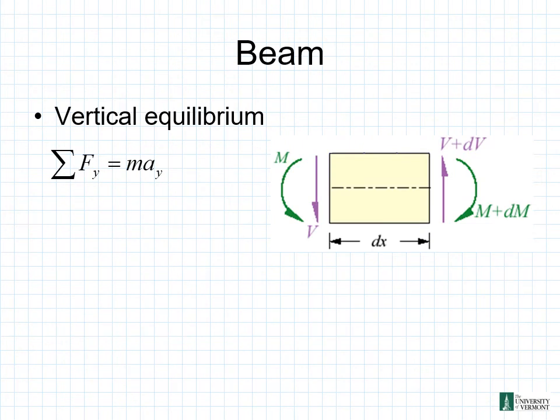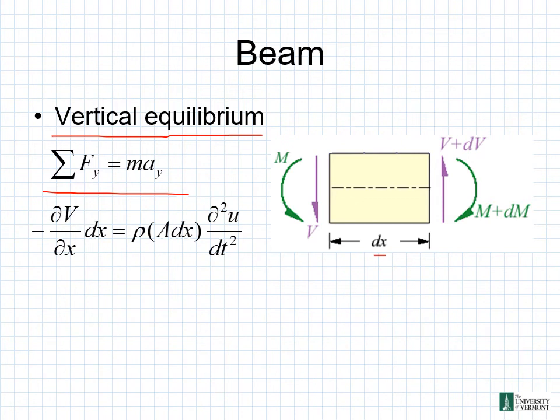So now let's take a look at the vertical equilibrium for our beam here. For this beam, we have our diagram over here, our dx, our moments, our shears, and what we can see here is we take the summation of force in the y direction equal to ma from Newton's second law, and we can derive the following equations here.